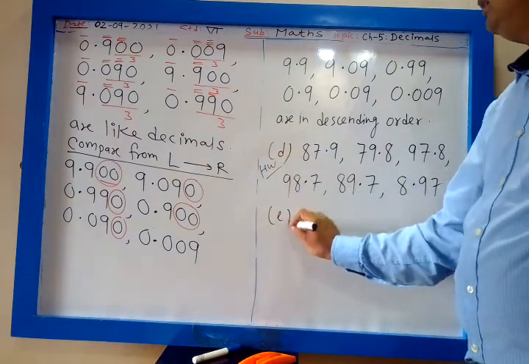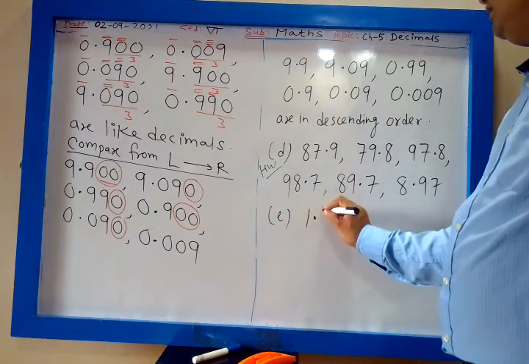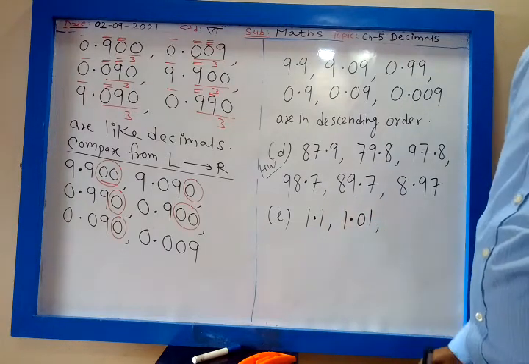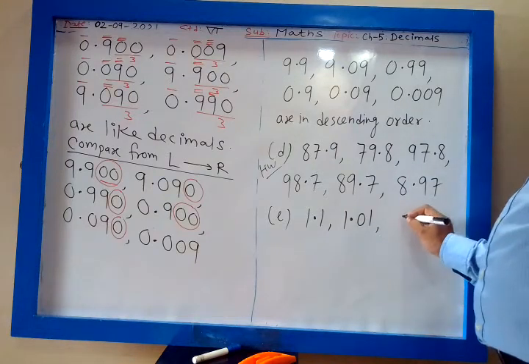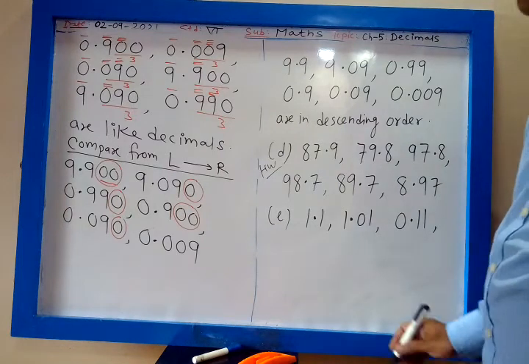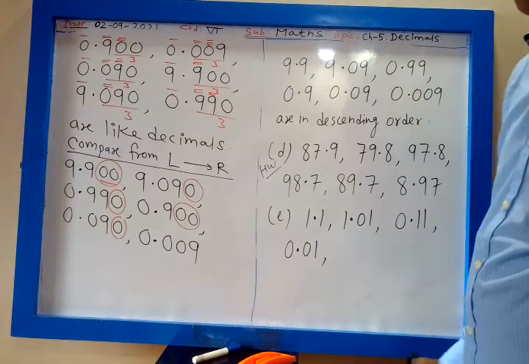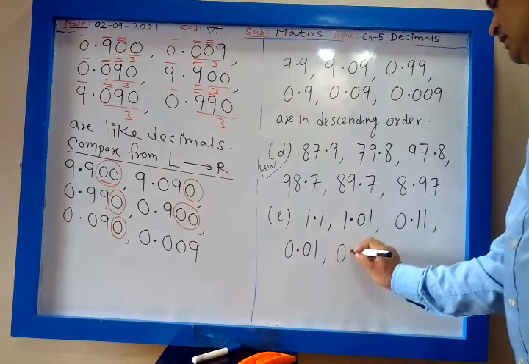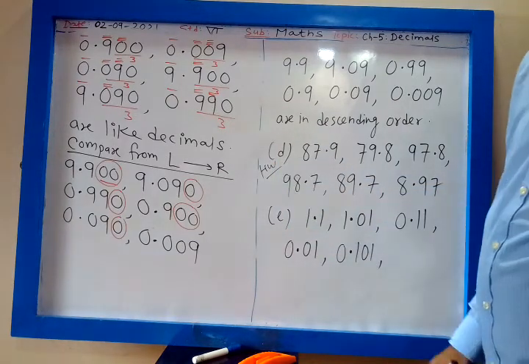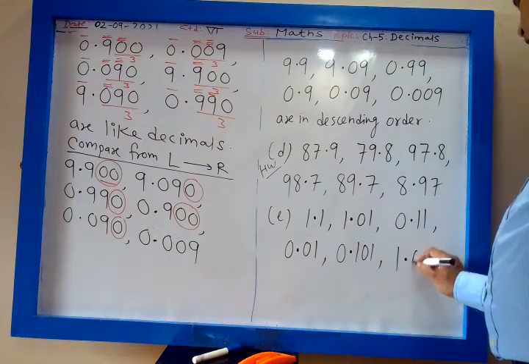Then E is 1.1, 1.01, 0.11, then 0.01, then 0.101, 1.001, 1.0.